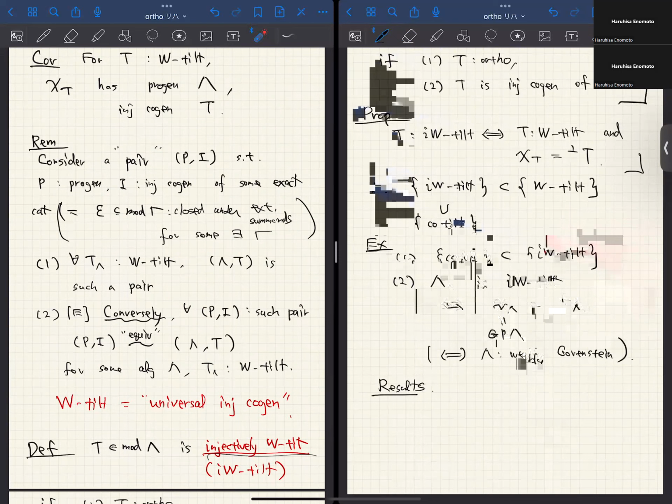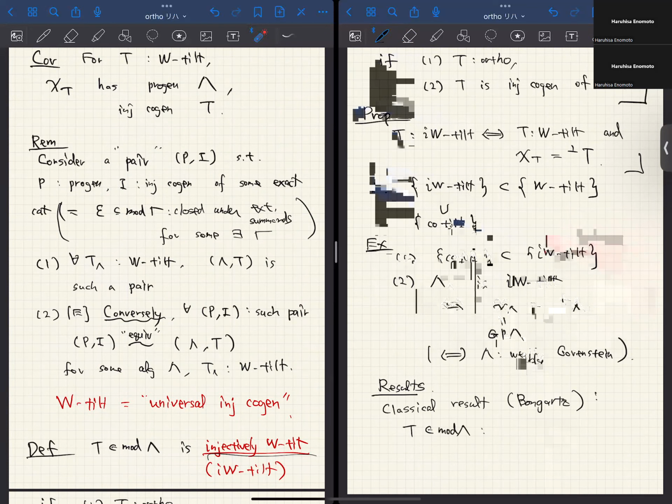Before that, I want to recall a classical result on tilting modules. This is essentially due to Bongartz. He proved a kind of completion for classical tilting modules. So let's state it in the cotilting case.